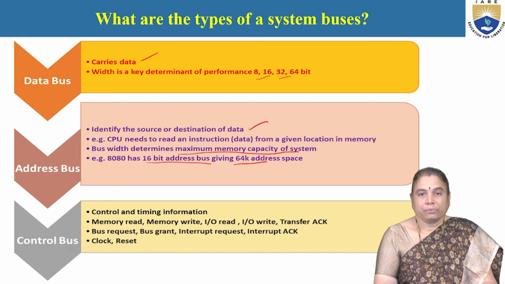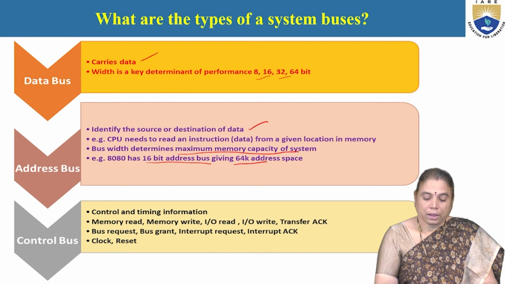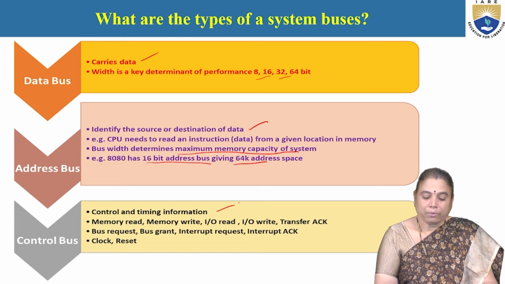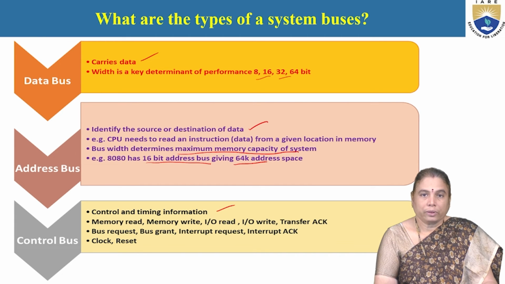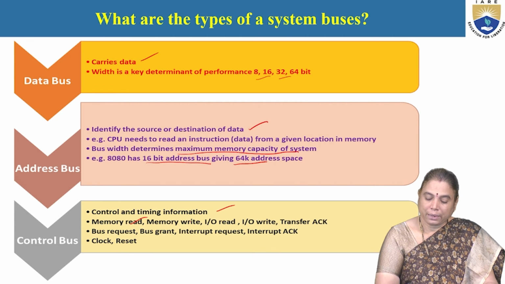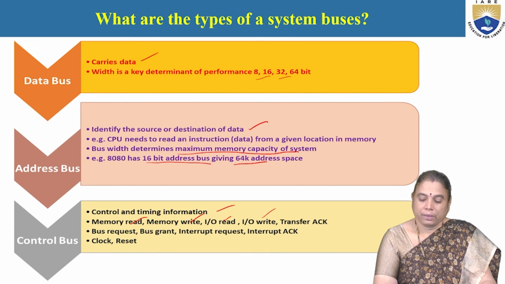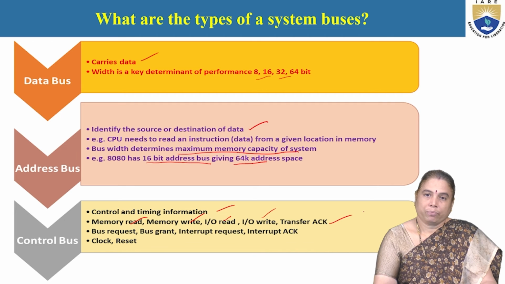Next, the third bus is the control bus. The control and timing information can be carried with the help of the control bus. The general control signals that travel on the control bus are memory read, memory write, I/O read, I/O write to perform the I/O operations with the help of I/O devices, and transfer acknowledgement.